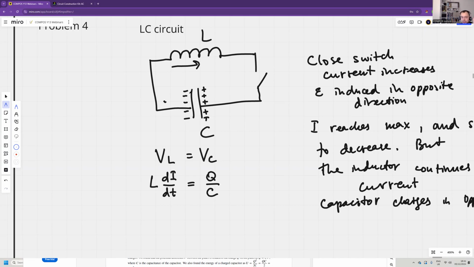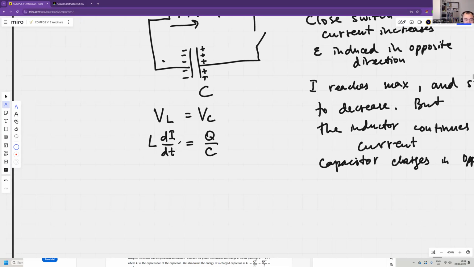So here, I don't need any minuses, even though I know that technically V_L is L di/dt. But once you go through this mental process of working out the actual sign, the current is increasing initially, that means the voltage is positive, and Q over C is definitely positive. Therefore, I don't need any sign changes here.